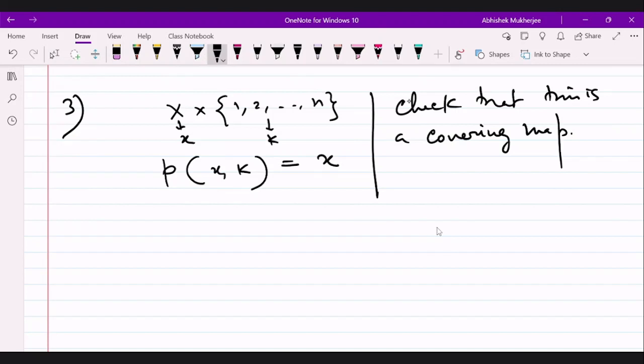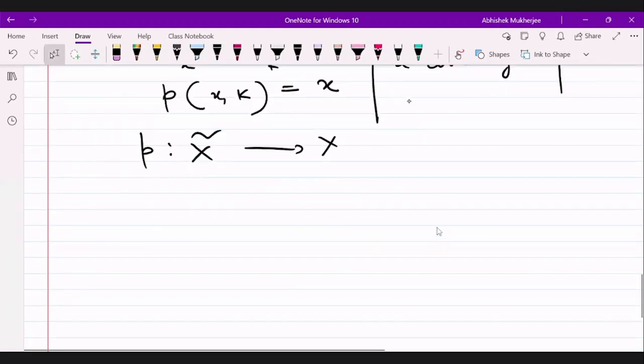So for each point of X, this is a map from, let us call it X tilde, to X. If you take any point from X, you are getting finitely many levels, right? That means X cross 1, X cross 2, X cross n.